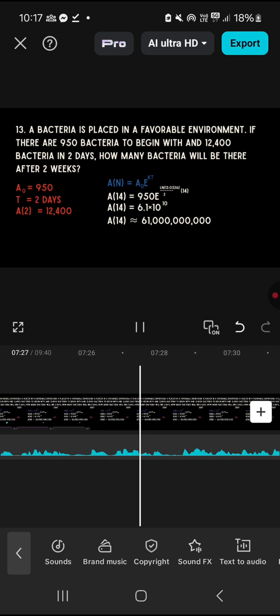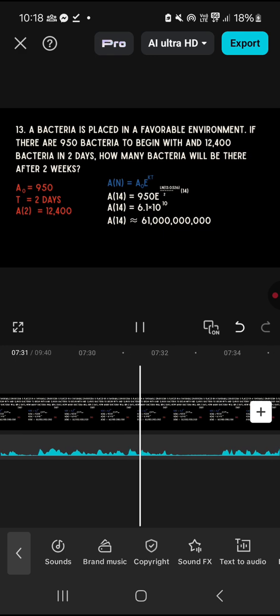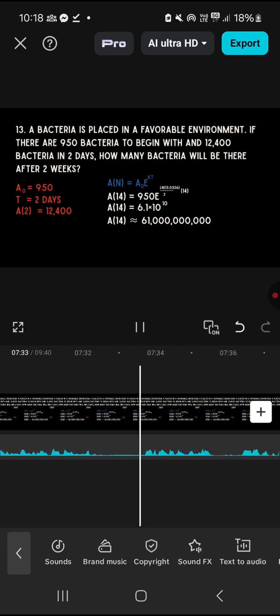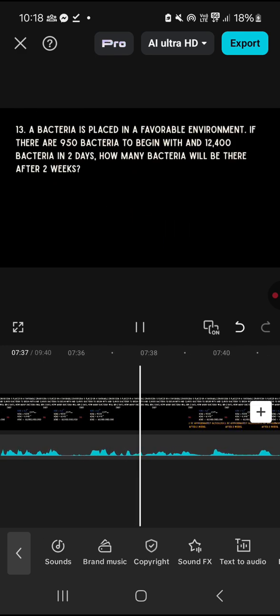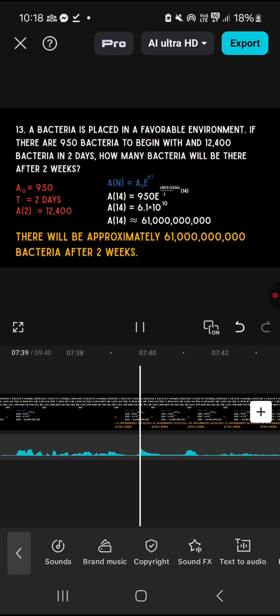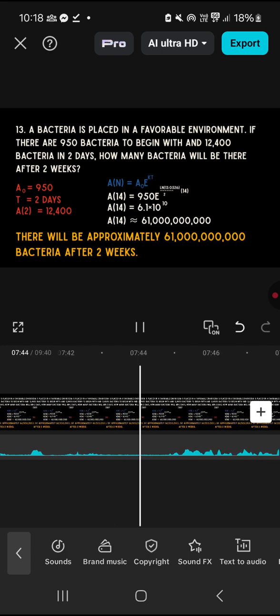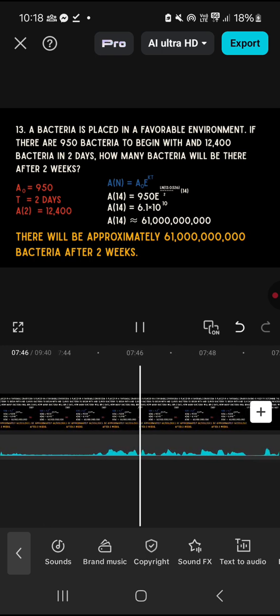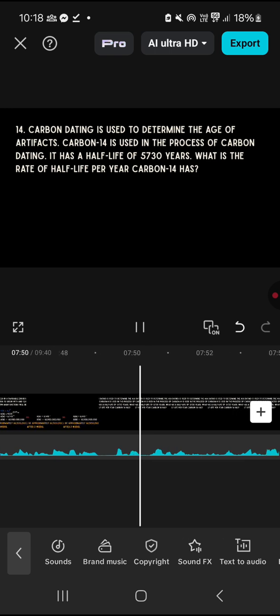And we round off the number and we'll get 6.5 multiplied by 10 raised to 10. So that's approximately 61 billion. So there will be approximately 61 billion bacteria after 2 weeks.